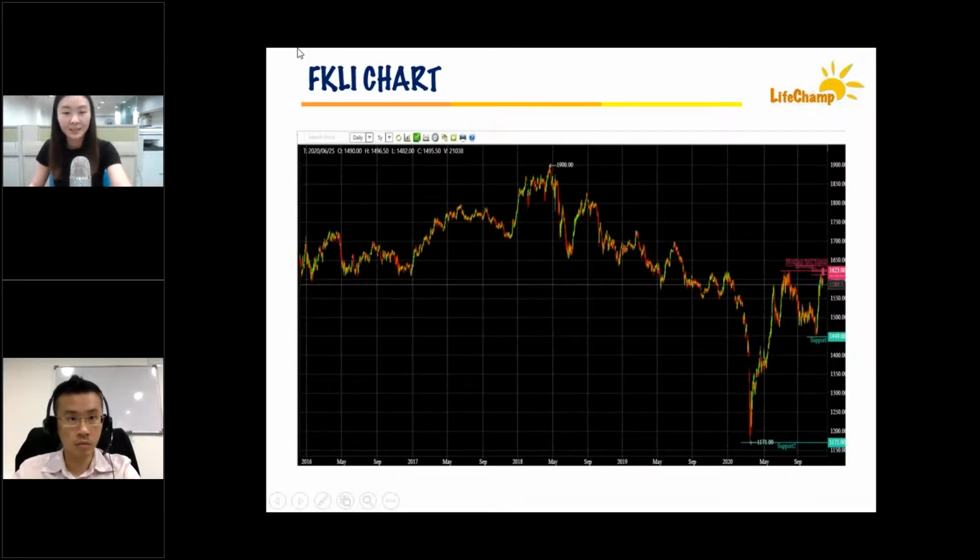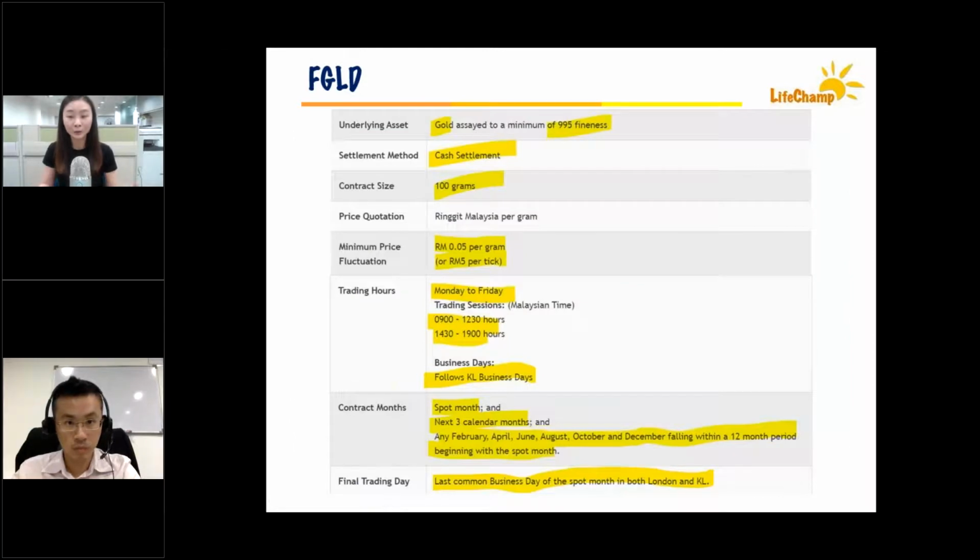Okay. Next, we talk about gold futures. This one is in Malaysian ringgit, and the underlying asset is gold. The settlement method is cash, because usually commodities have physical delivery, but this one is cash settled. The contract size is 100 grams, the price is quoted in ringgit per gram, and the minimum fluctuation is 0.05, so one tick is 0.05.